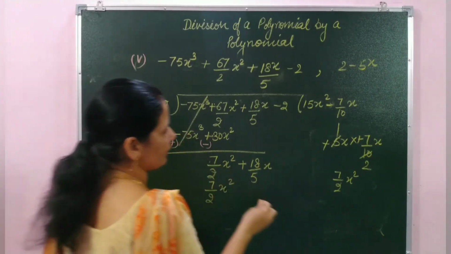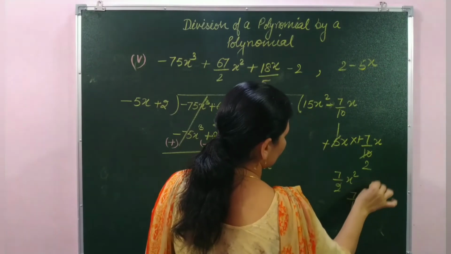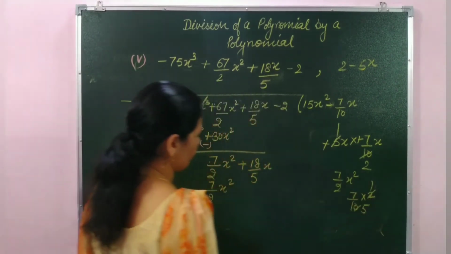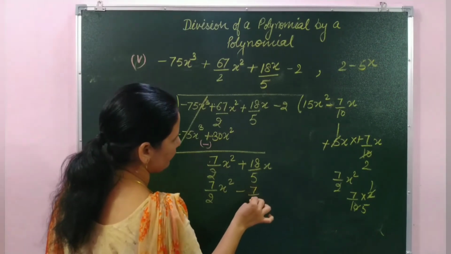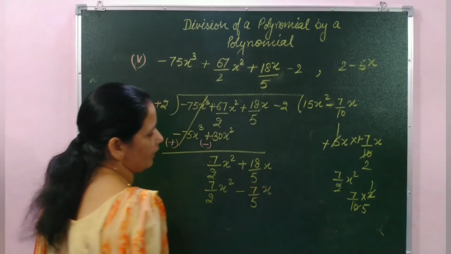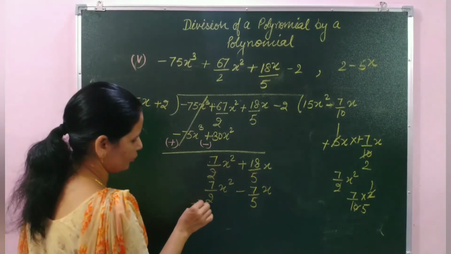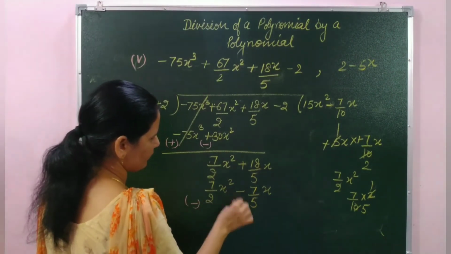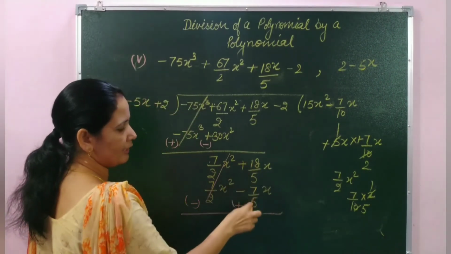Then after that, 7 by 10 multiplied by 2. 2 ones are 2, 2 fives are 10. So from here we get minus 7 by 5x. Minus 7 by 5x. Now the sign changes. It cancels out. Numerator and denominator are the same.